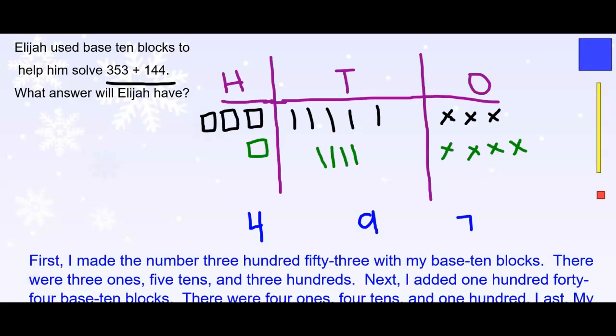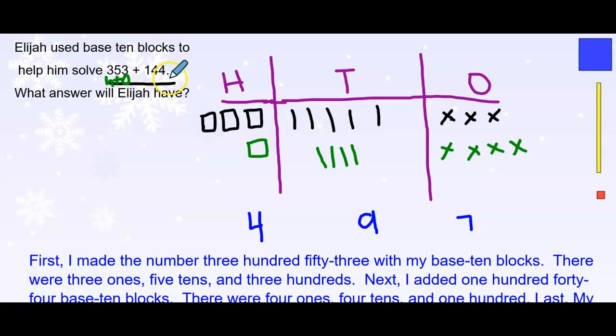Let's check our answer, boys and girls. I hope you wrote down the numbers 353 plus 144 and identified place value. 3 was in the ones place, 5 in the tens place, and 3 in the hundreds place.